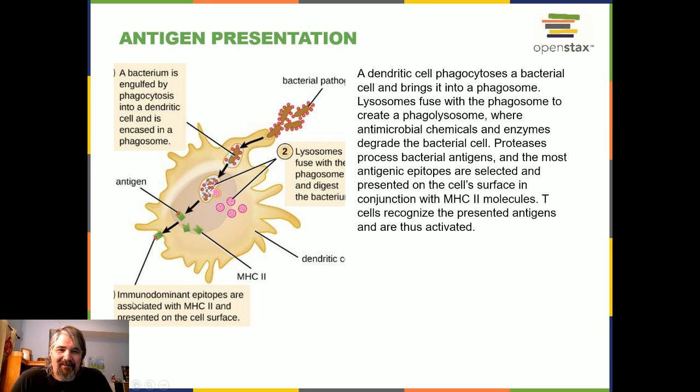I kind of like how that's phrased, immunodominant. So lysosome proteases act, and the most antigenic epitopes are selected and presented on the cell surface in conjunction with the MHC class 2 molecules. T cells will recognize the presented antigens and are thus activated. So that's antigen presentation with MHC class 2.